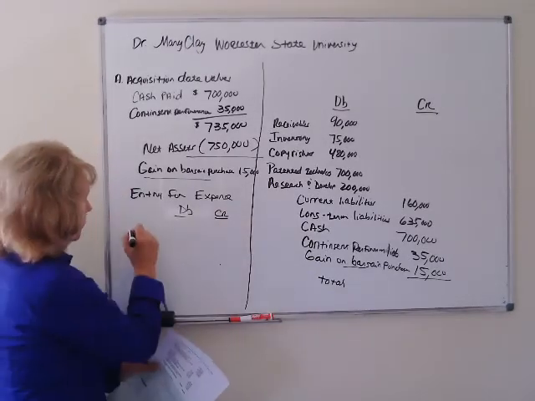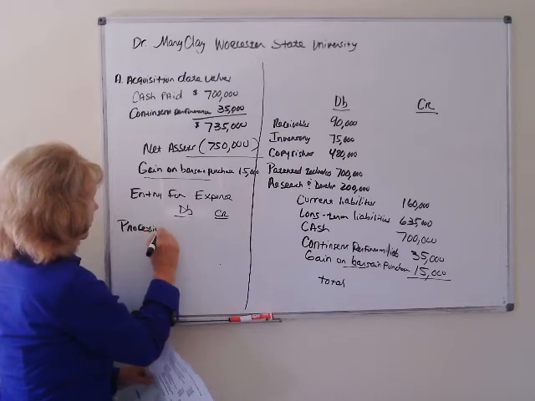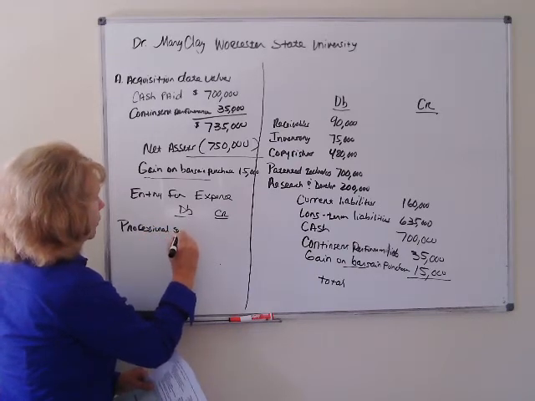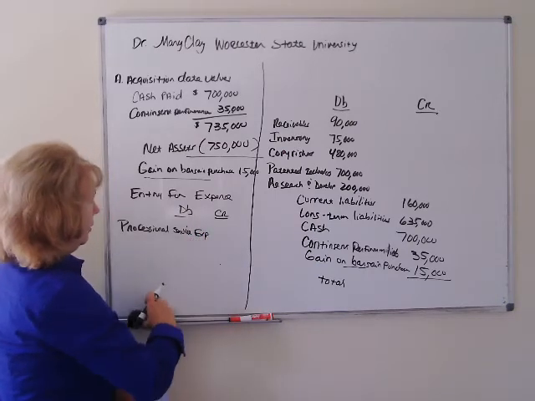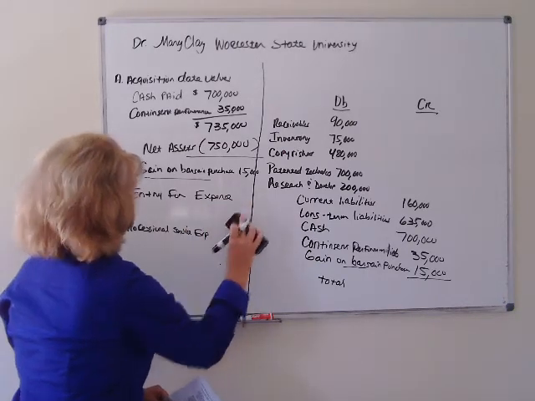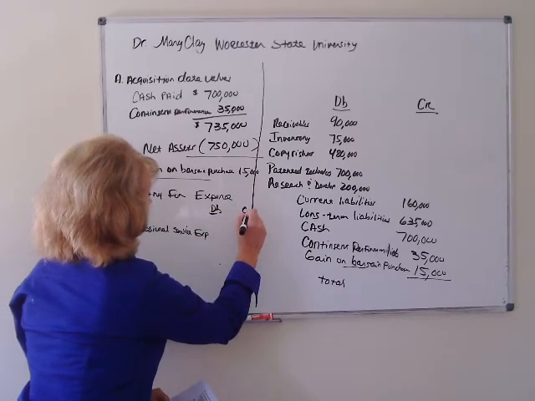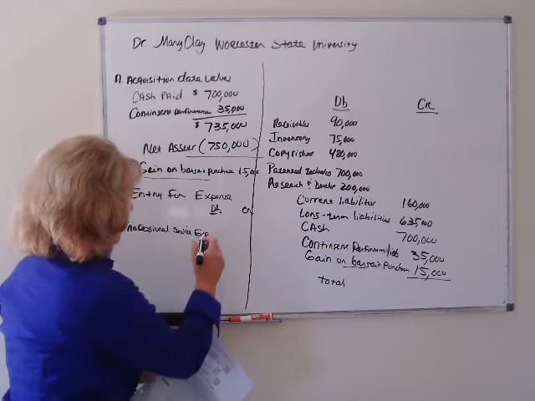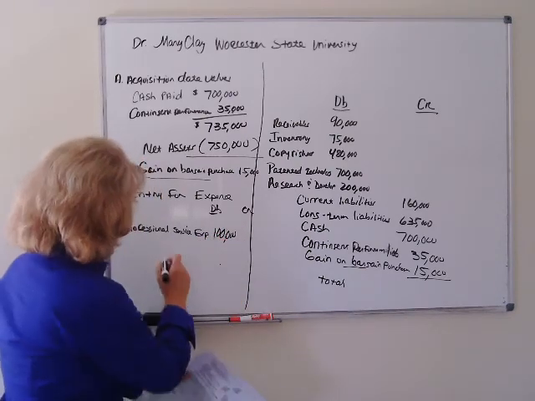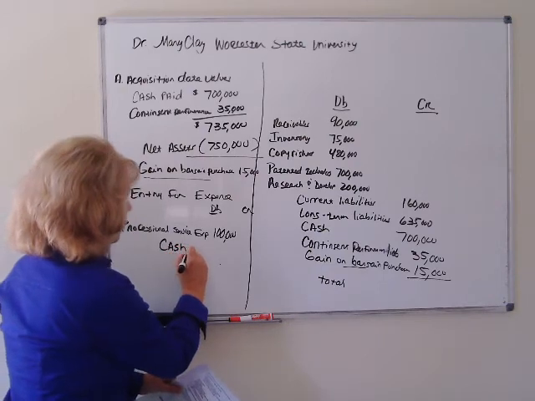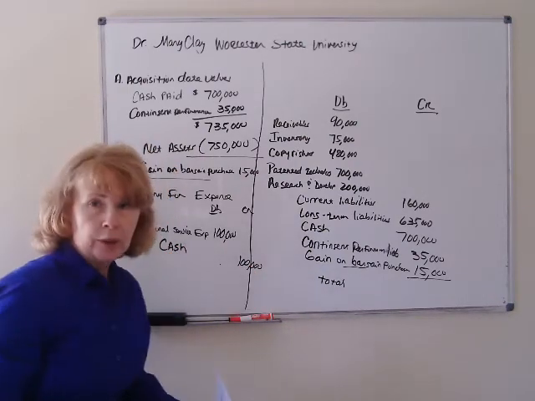You would call it professional service expense. And that is 100,000. And they paid cash, 100,000. So that's for the expenses associated with the business combination.